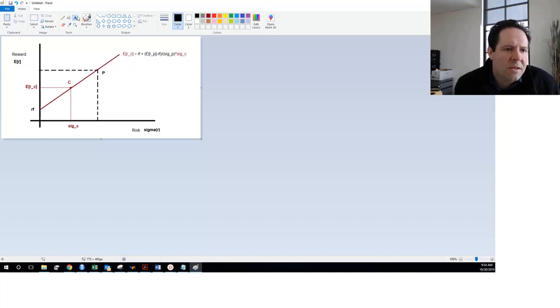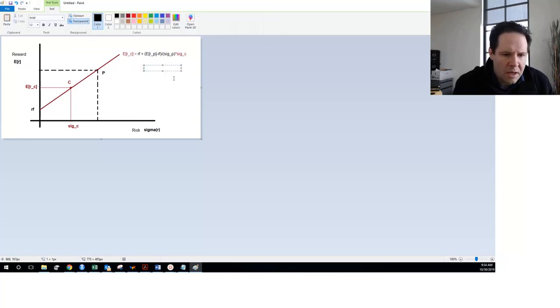Now, something that's going to be convenient to help us think about this is that the standard deviation of the composite portfolio is just going to be the fraction of wealth that this individual puts into the risky asset times the standard deviation of the risky asset. You might ask yourself, why would that be?